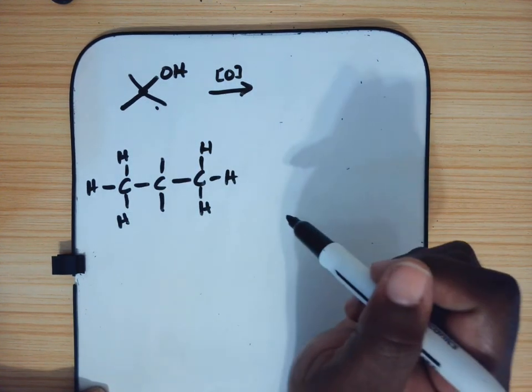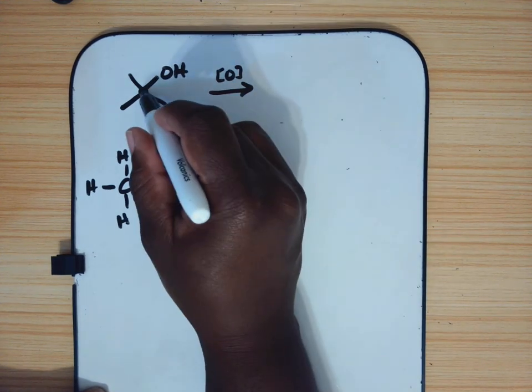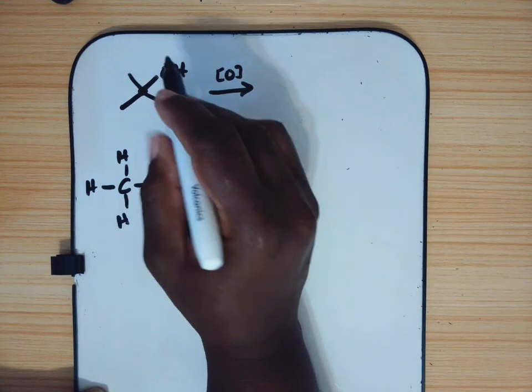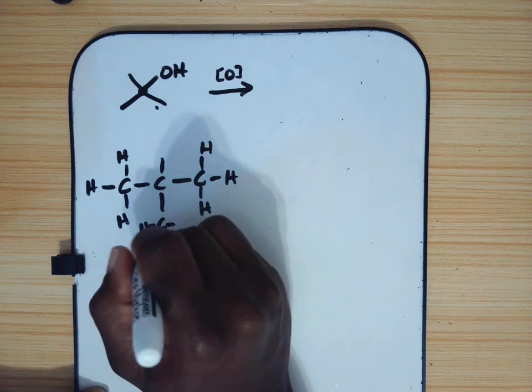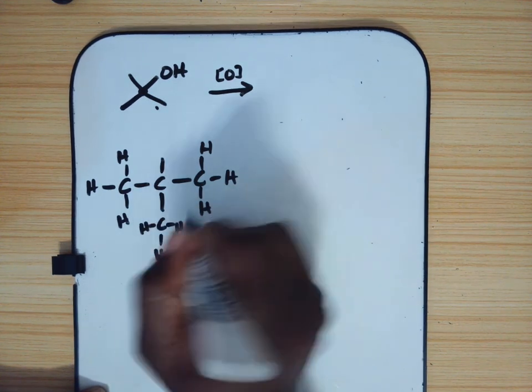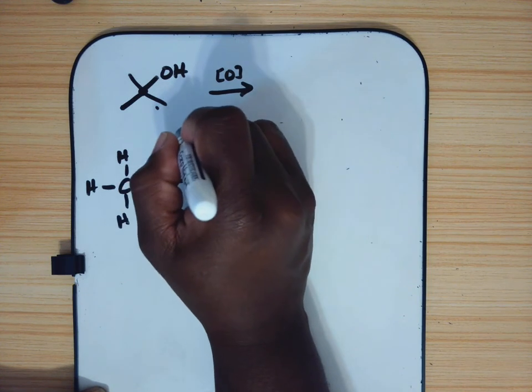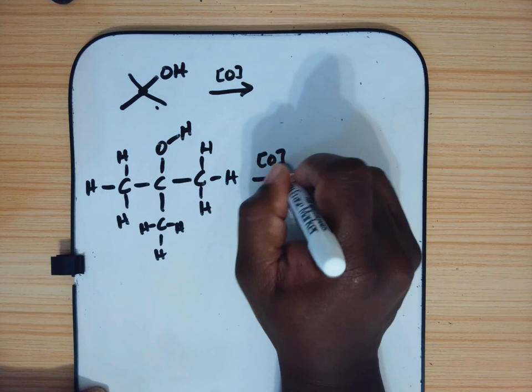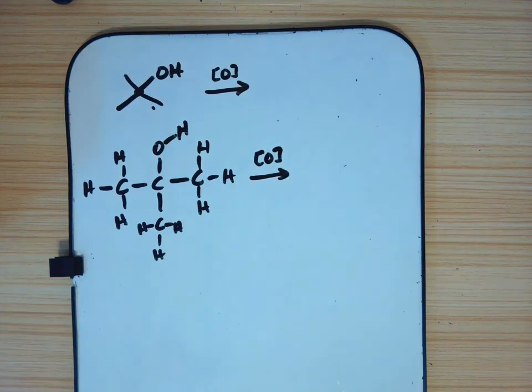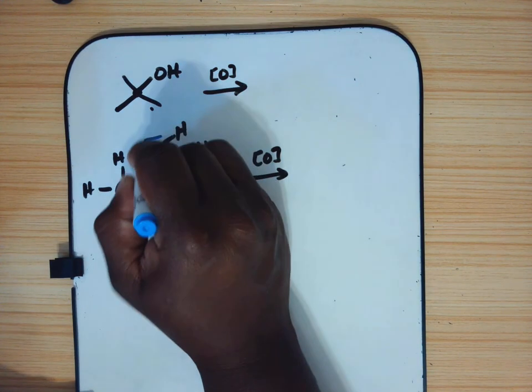so they each have 3 hydrogen. From there, the carbon 2 has a methyl group, so it has a carbon that has 3 hydrogen. And then it also has that hydroxyl. So if we're trying to look to see how this would be oxidized, again, because it's an alcohol, we want to locate our carbon-oxygen bond.